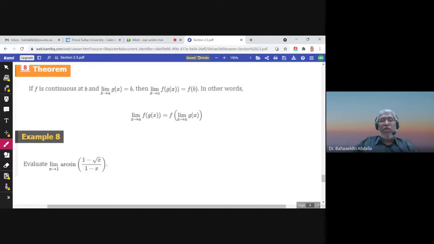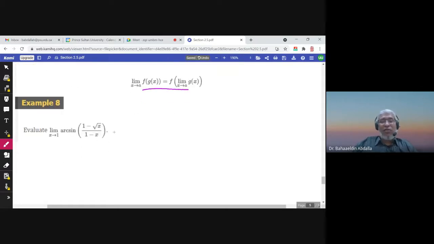If f is continuous at b and the limit of g of x is b as x approaches a, then the limit of f of g of x is f of b. This is the composite function. The limit can now go inside the composite function.